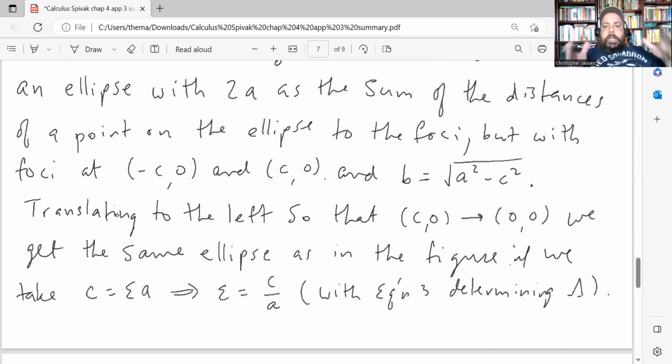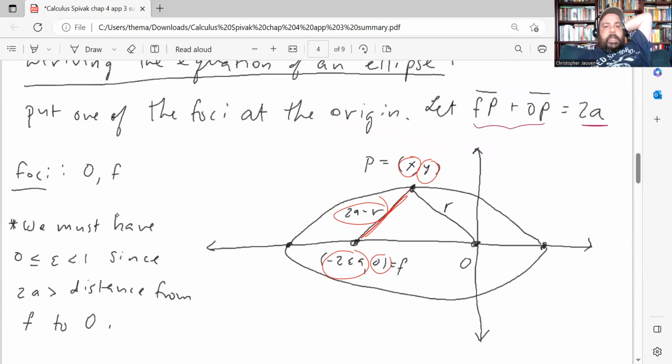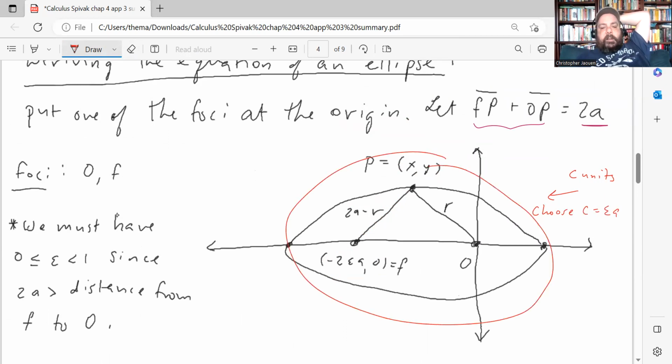And just to relate that ellipse to the figure that we talked about a minute ago, let me go back to that picture. To get the same ellipse as we have here, what we would need to do is translate the ellipse with the equation in Cartesian coordinates that I showed below. We have to translate this way by c units to the left, and if we choose c to be epsilon a, then we get this exact ellipse that we have here, right?